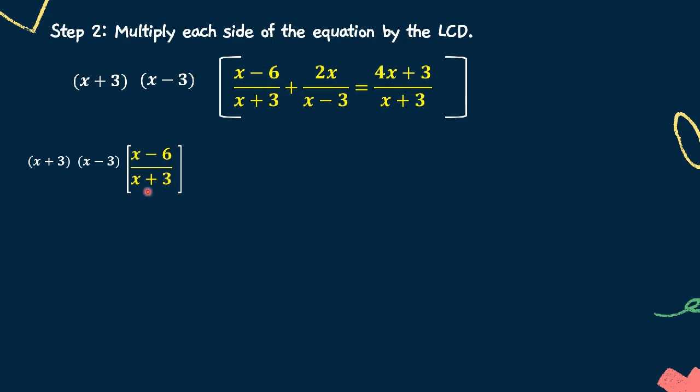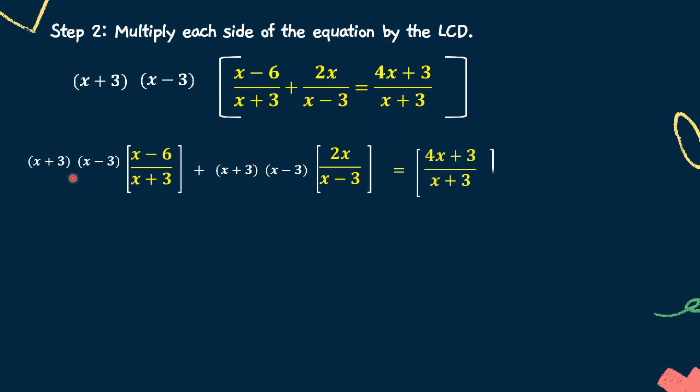We have here (x minus 6) divided over (x plus 3) multiplied by our LCD. Copy the plus. We simply distribute the LCD to each term, using multiplication. After we distribute the LCD to each term in our equation, we then simplify each expression.